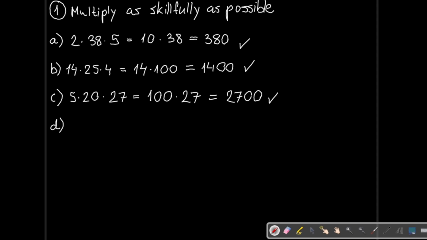So example D, this one will be longer. You have to do 200 times 55 times 5 times 100. Okay, so what do we have here? We have 4 numbers here.